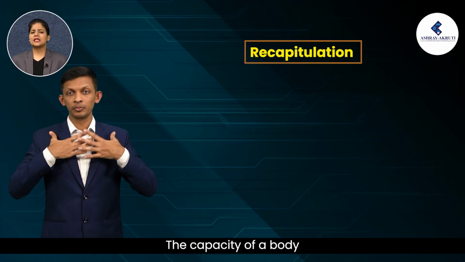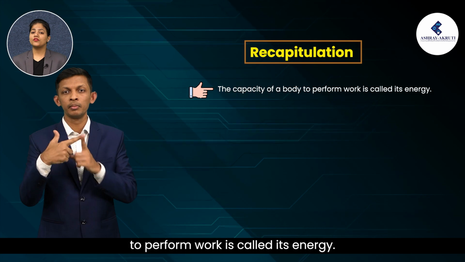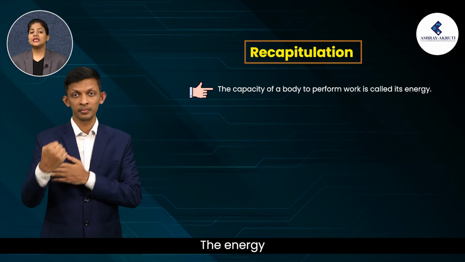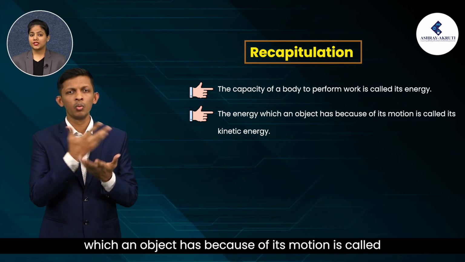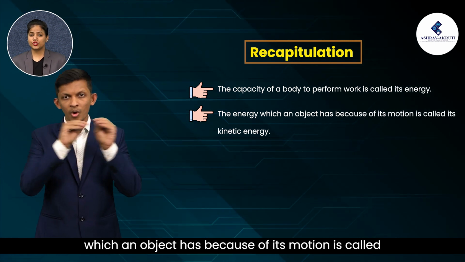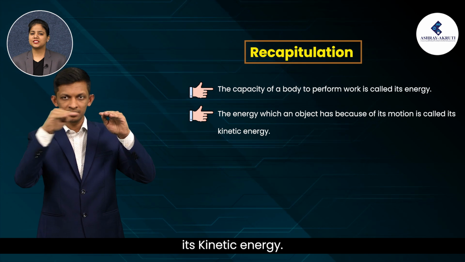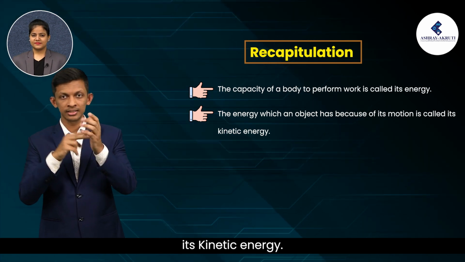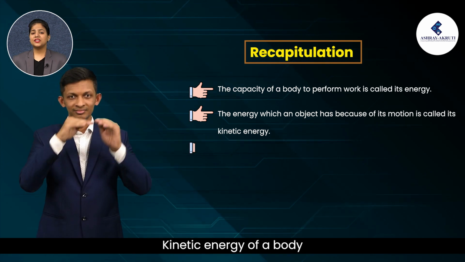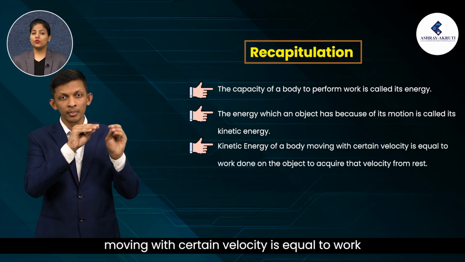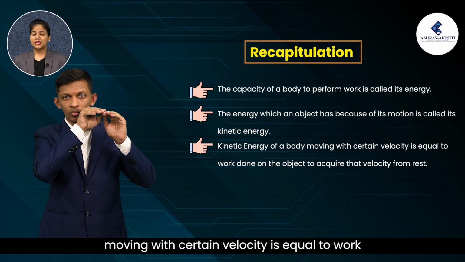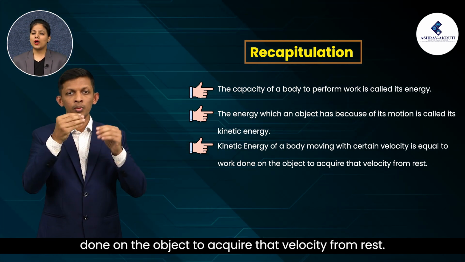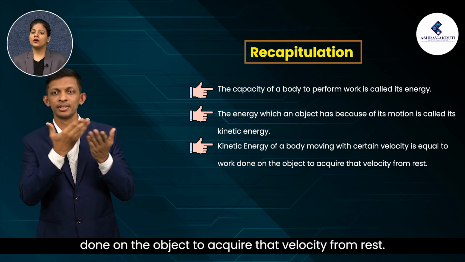Recapitulation. The capacity of a body to perform work is called its energy. The energy which an object has because of its motion is called its kinetic energy. Kinetic energy of a body moving with certain velocity is equal to the work done on the object to acquire that velocity from rest.